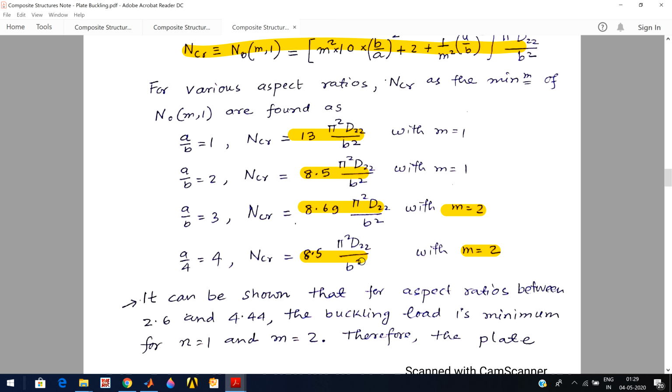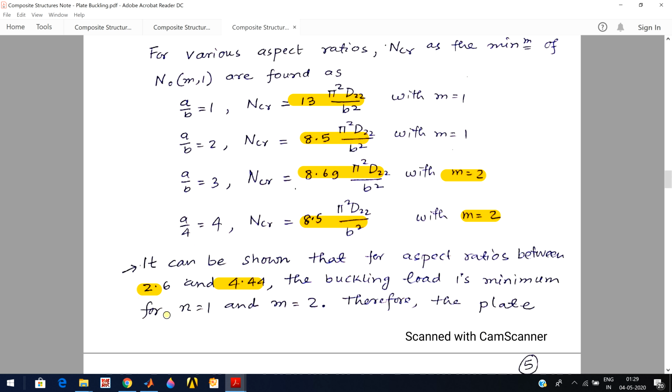So we can also see that between aspect ratio 2.6 and 4.44, the buckling load is minimum for n equal to 1 and m equal to 2. So if I increase the aspect ratio beyond 4.44, then m equal to 3 will be the minimum buckling load.